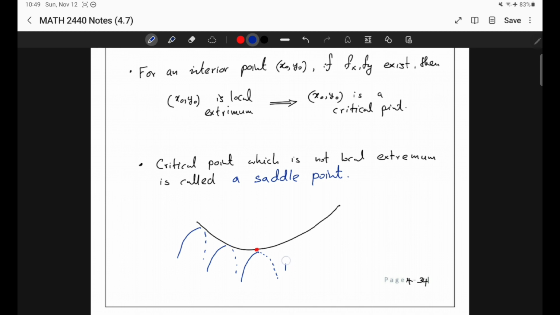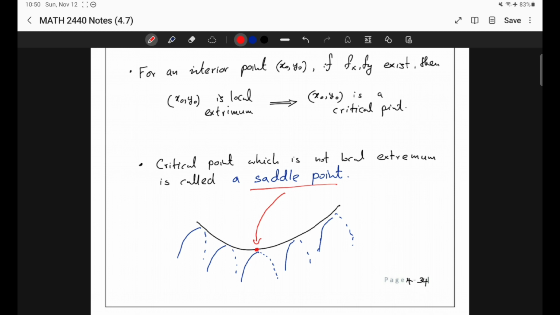So this is the picture. So it kind of looks like a saddle. So this point is the actual saddle point. That point is a critical point, but it is neither a maximum nor a minimum.